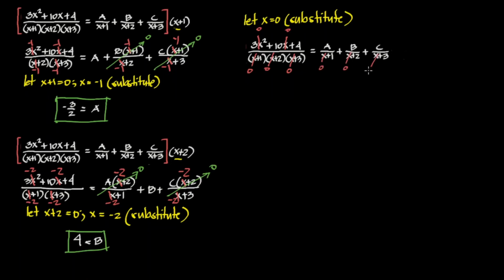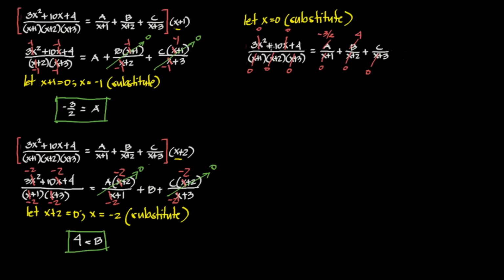Ayan. Then, we all know that the value of a is negative 3 over 2. Then, si b is 4. Ayan. So, isa na lang yung unknown, which is letter C. So, pwede na siyang makuha, di ba?